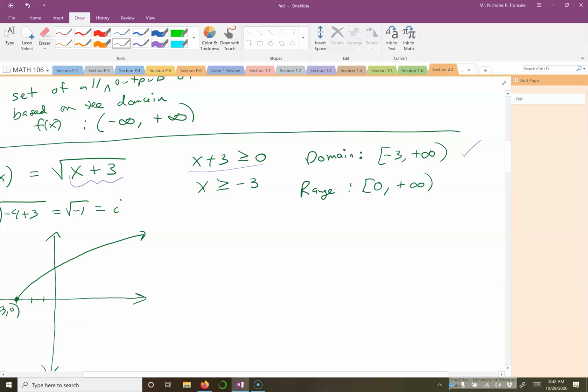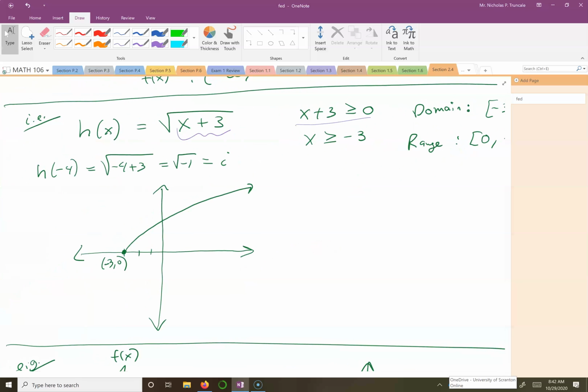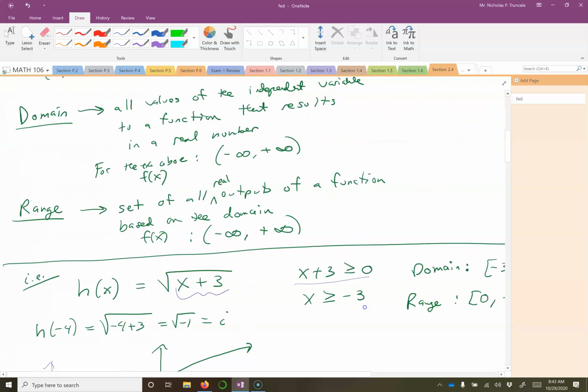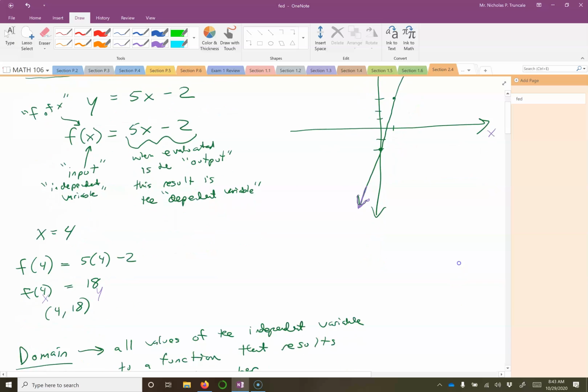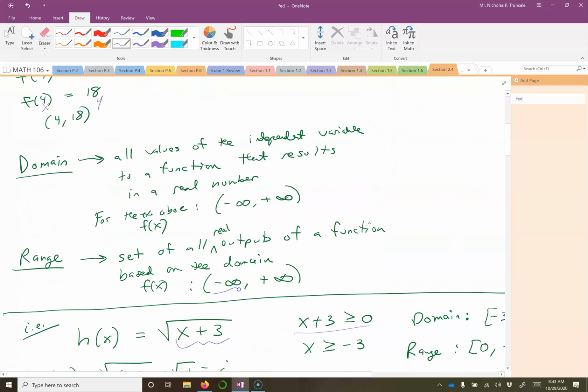Now the range, the only way we know how to do that as of right now is to look at a graph. So for the range, you're looking in the vertical direction, and what you want to do is find the smallest possible value that exists on the graph in the y direction. Now for a line, if you see an arrow like this, that's going all the way down to negative infinity. That's why the range started at negative infinity here.